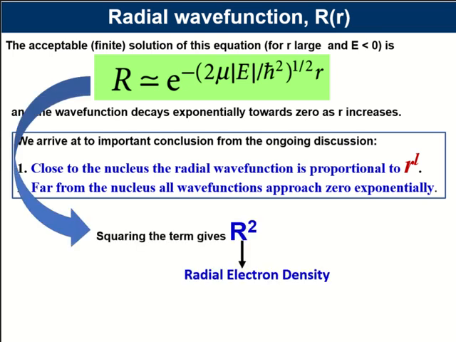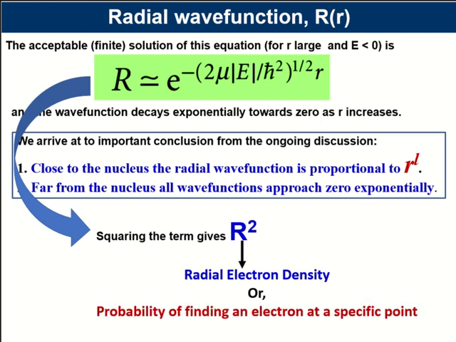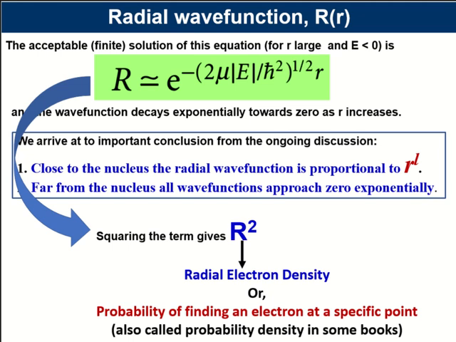So squaring this gives you electron density. This particular thing, electron density, you can also call the probability of finding the electron at a specific point.